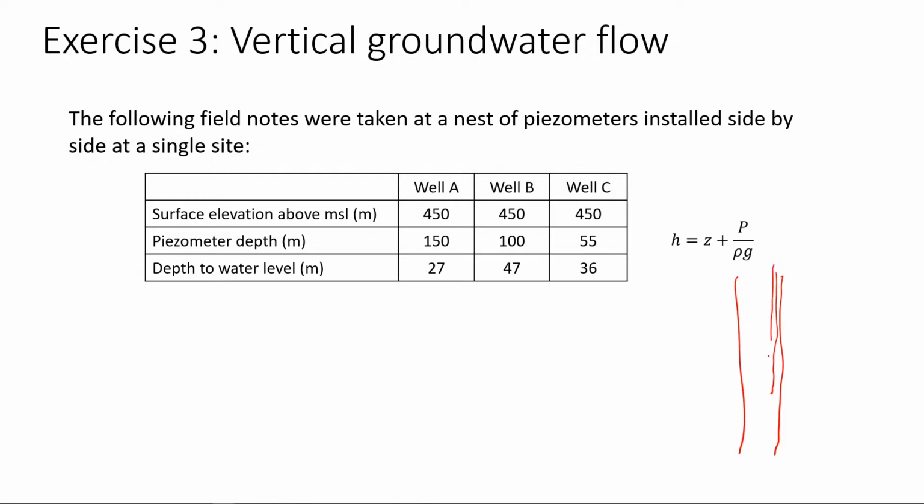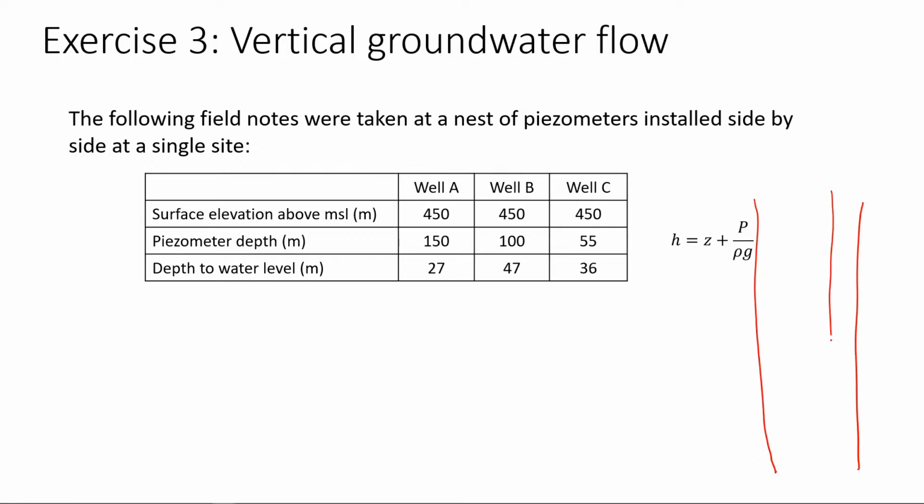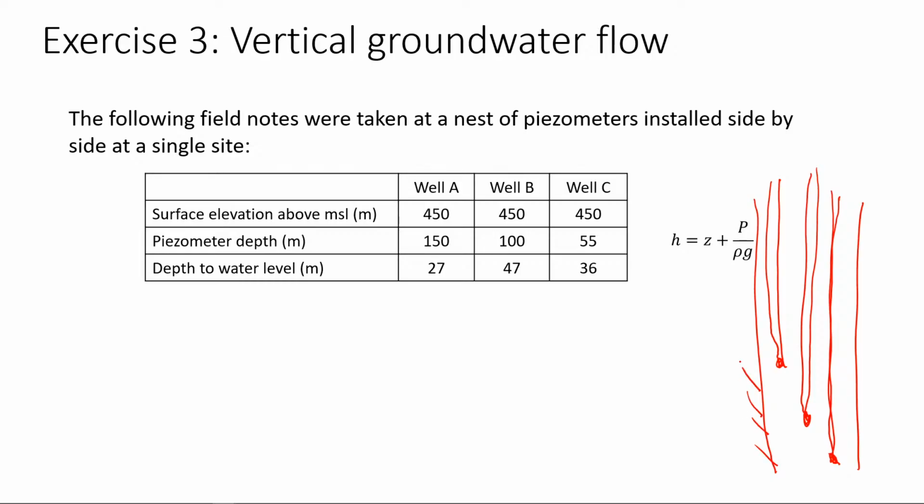So let's say that's your casing here, and then you have one tube at this depth, another tube at this depth, and a third tube at this depth, all in the same casing.